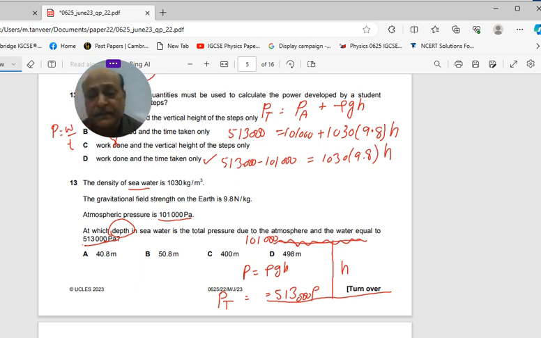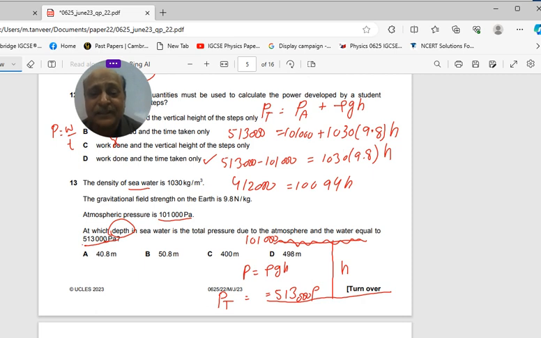When you subtract this, it becomes 412,000, and when you multiply 1030 by 9.8, it becomes 10094 h. Basically, before teaching you, I had taken a class and solved this problem, so all these values are written on the page.